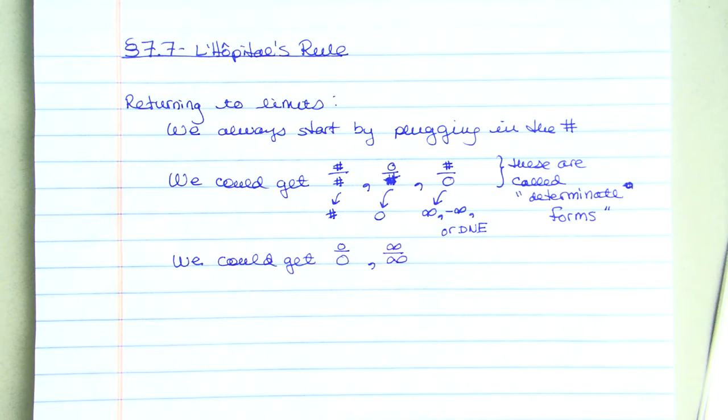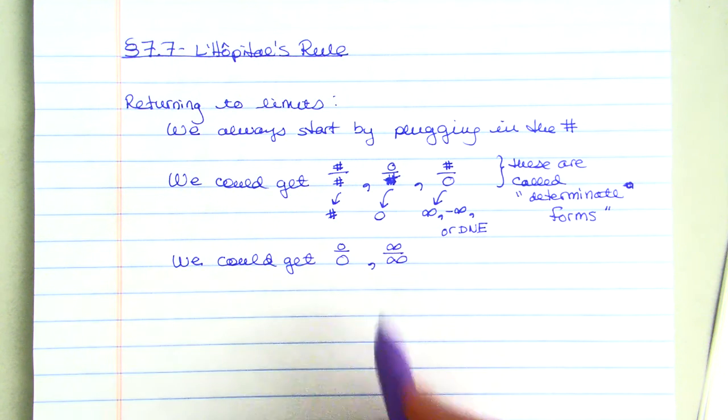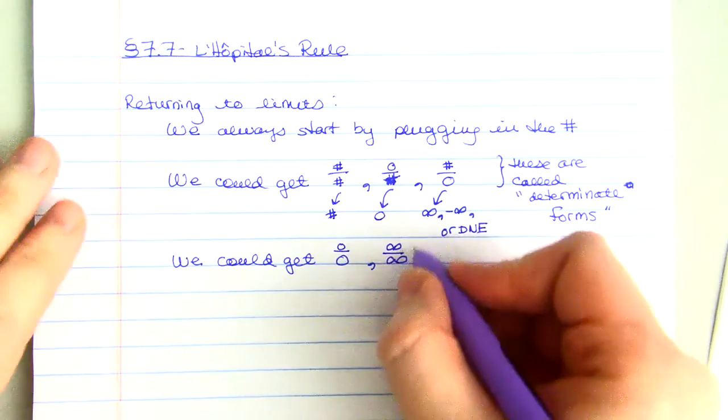When you have 0 over 0, the answer might be 0. It might be infinity. It might be 3/5. It might be 2/7. It could be really anything.